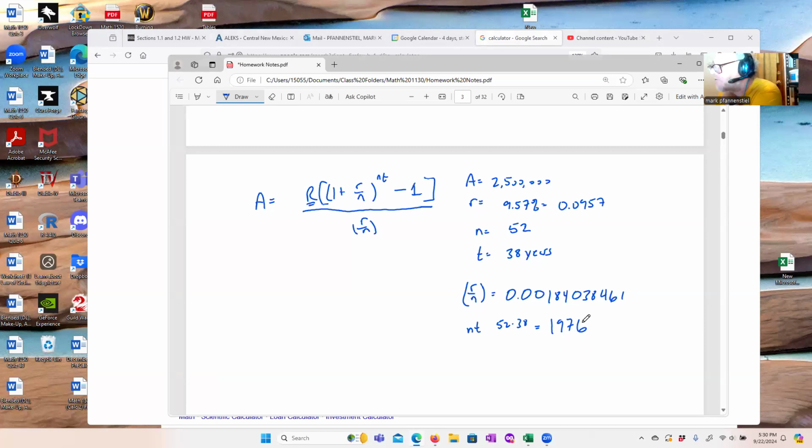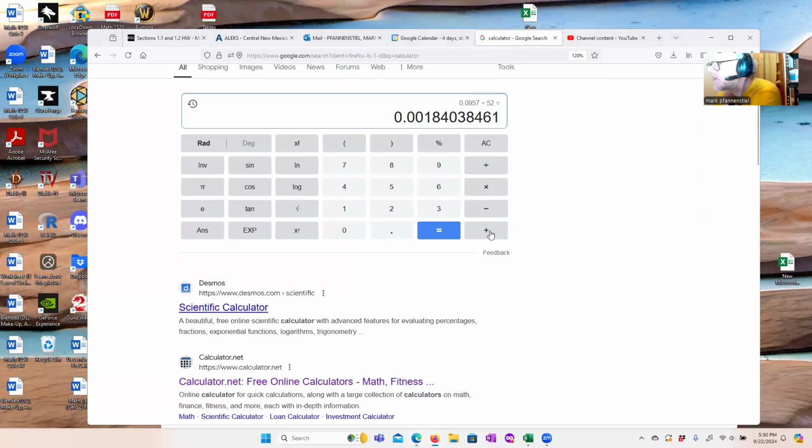Let's go back to our formula, back to our calculator for just a moment. I have R over N, and I need to add 1 to it. That's what we're going to do next. Equals, great, 1.00184. I would suggest, as you're doing these problems, have a little pad of paper and just write down these quantities as you go through them.